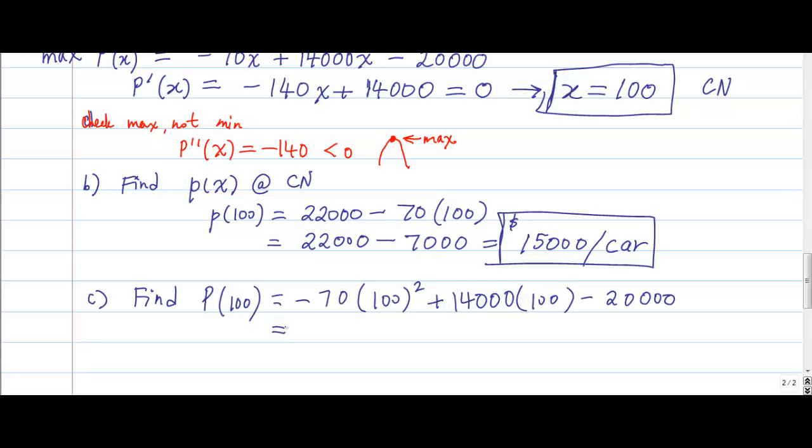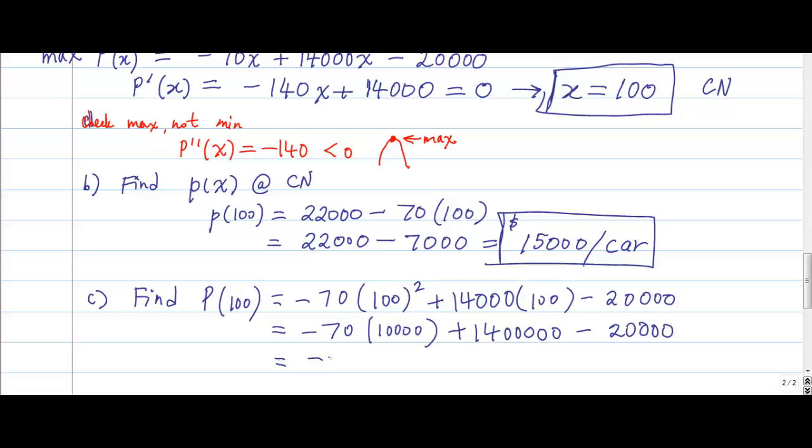20,000. Okay. So that's minus 70, 100 squared, so that 100 has 2 zeros, so you square it, you get 4 zeros, plus 14 and then 5 zeros, minus 20,000.